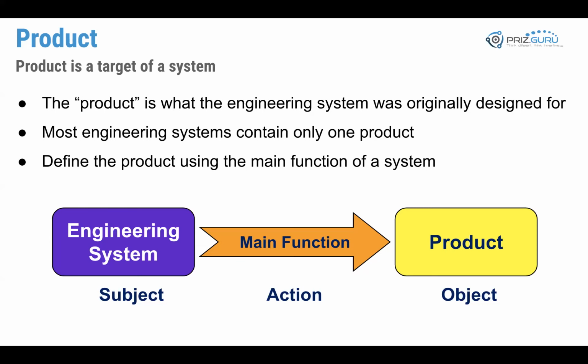Same system, by the way, might have different products, depending on what you're trying to analyze, how you're trying to analyze it, and which direction you're looking at that system. Again, back to the example of a car, if we're trying to affect how much the car is polluting, the product is probably the pollutant.